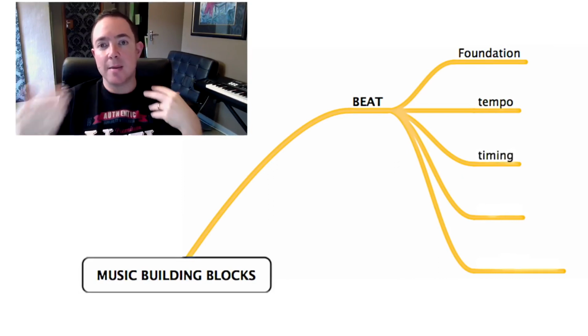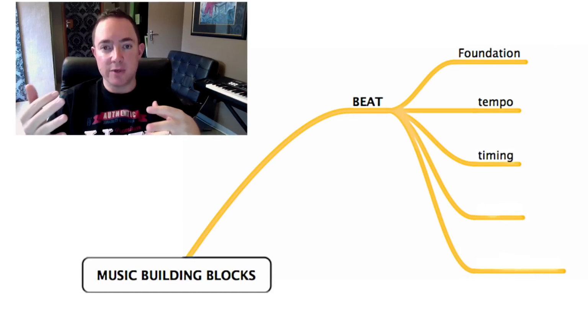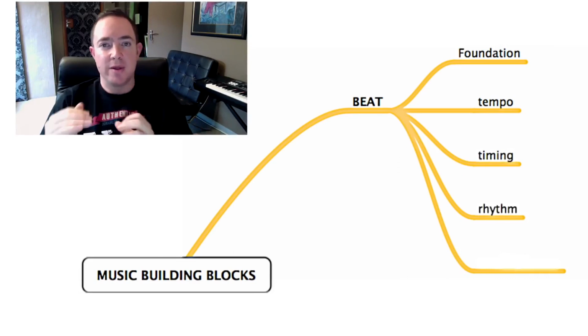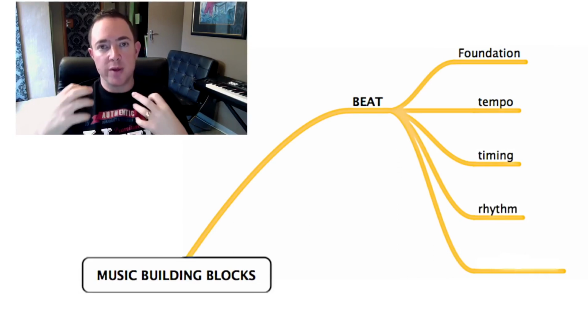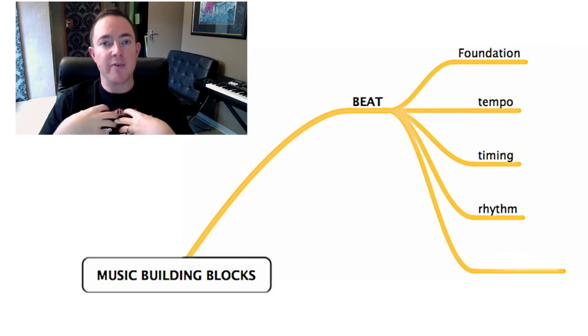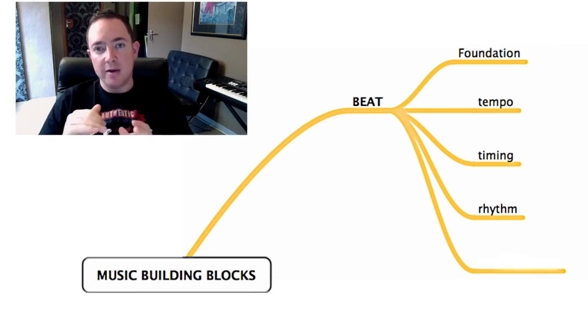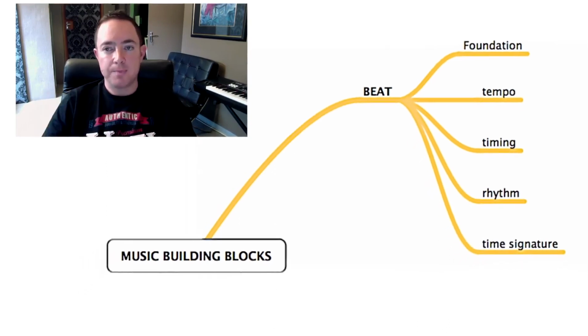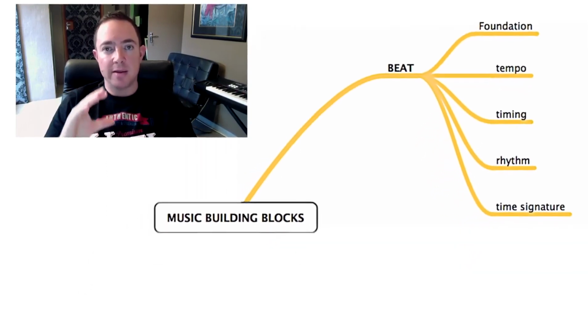It sets the timing of the song, the speed of the song, the feel of the song. The next function of beat is rhythm. Most of the rhythm of a song is coming from the beat. The beat gives you the feeling of the rhythm of the song. And then the final function of the beat is time signature. So is it a 3/4? Is it a 4/4? And that you will find in the beat.